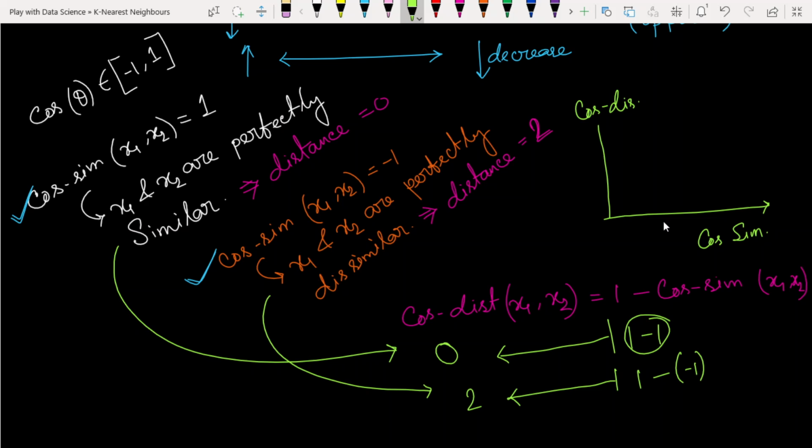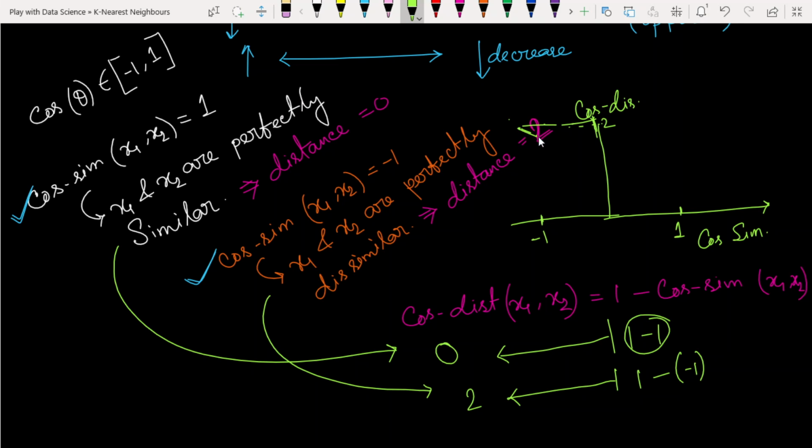So 1 minus cosine similarity: the cosine similarity value ranges between minus 1 and 1. When it is 1, the distance is 0. When it is minus 1, the distance is 2.